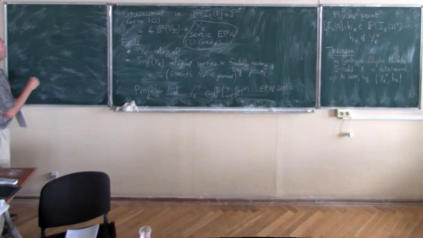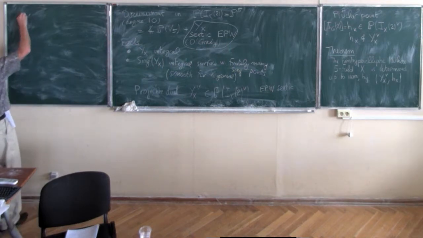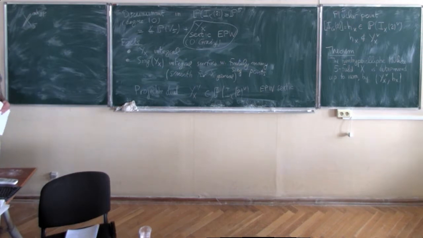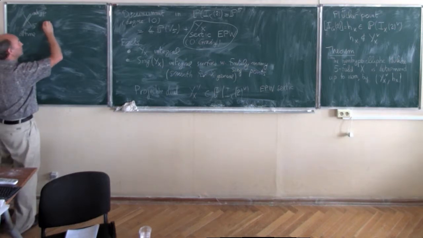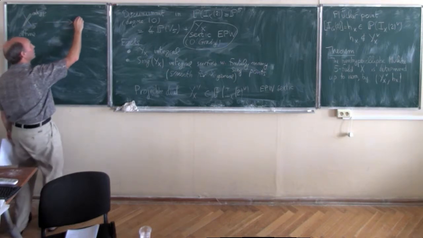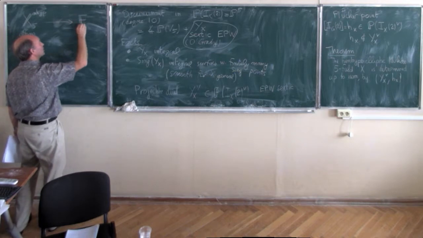You can construct something which I'll call X5 non-hyperelliptic, an affine variety constructed by GIT. And in some sense, there's a morphism here to the moduli space of EPW sextics.